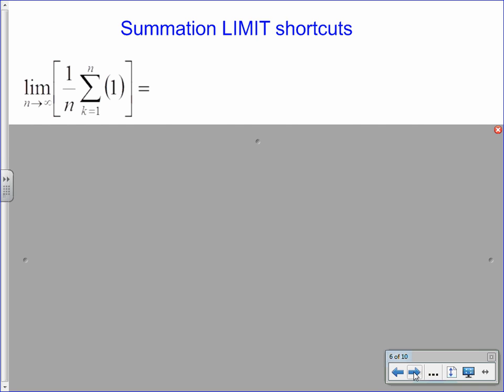What is the summation from 1 to n of 1? n. So this is the limit as n approaches infinity of 1 over n times n. So the limit as n approaches infinity of 1 is 1. You need to remember that if you have the limit as n approaches infinity of this, it is 1.